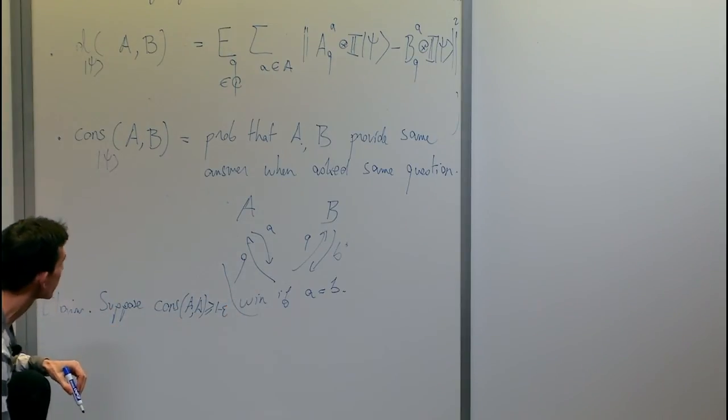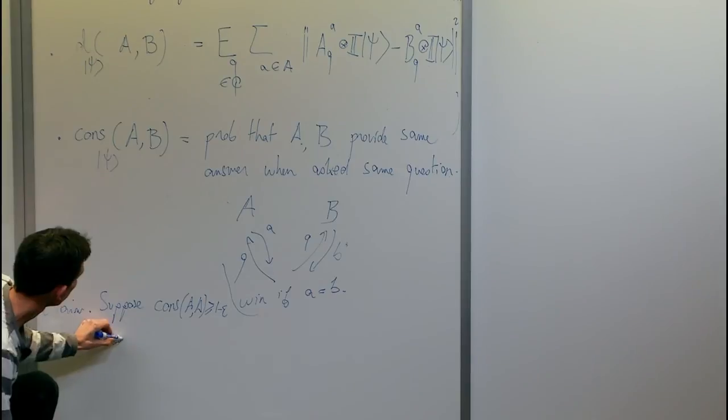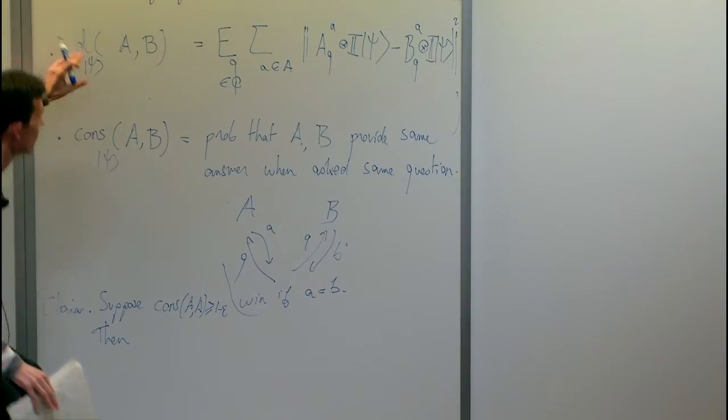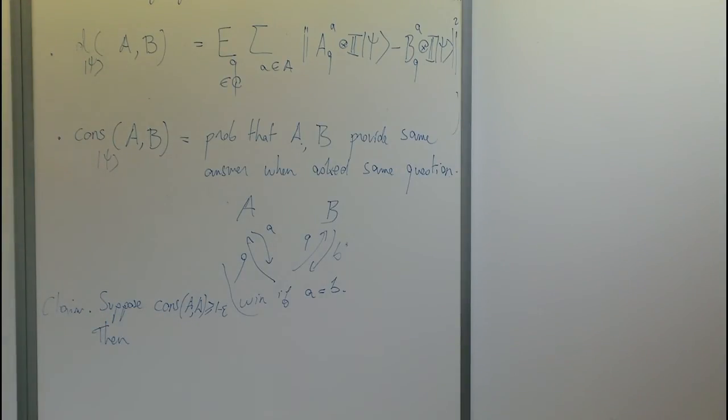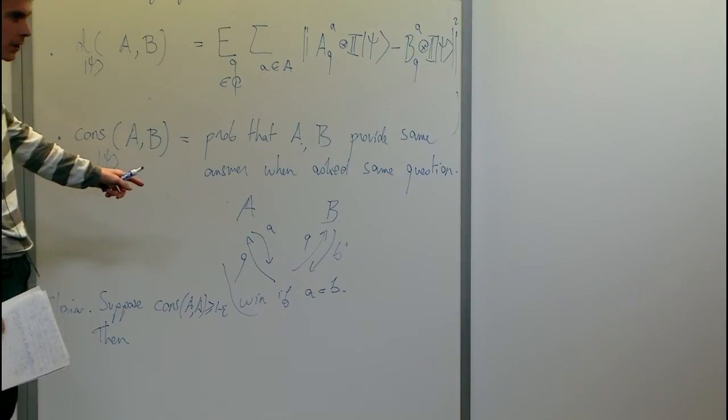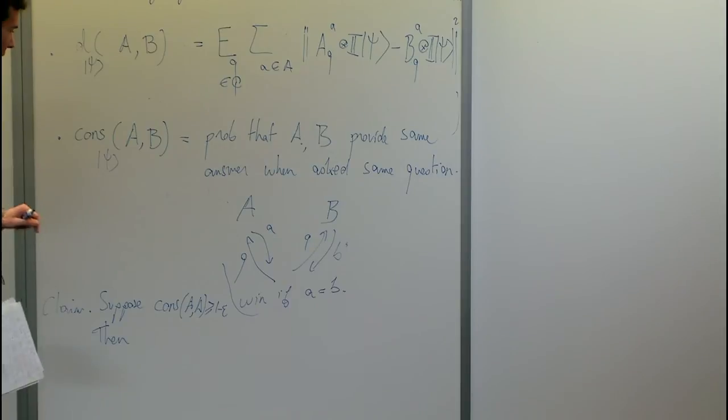It's self-consistent, then they're close to each other. Here you have to add that if the questions are different, then they should answer differently. Otherwise it's trivial, they can just always answer 0 to everything. Yes, of course, it's easy to win in this game, but that's not the point.